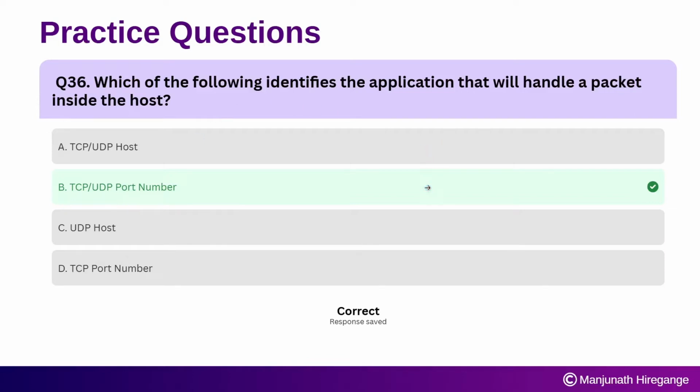Your web browser sends a request to the web server using port 80, or port 443 for HTTPS communication. This tells the server that the packet is meant for the web application. Sending an email, for example, your email client communicates with the mail server using port 25 for SMTP. So the port number ensures that the packet is directed to the right application. That's why port numbers are important.